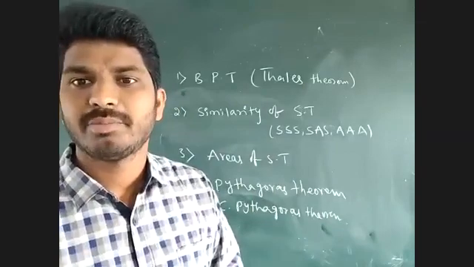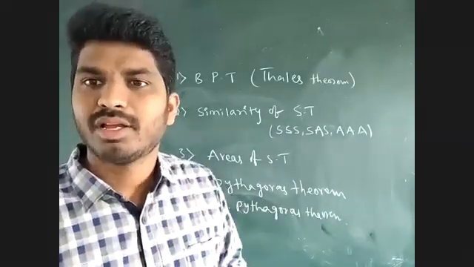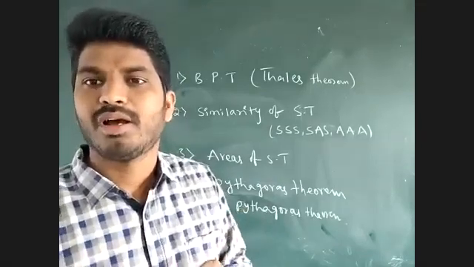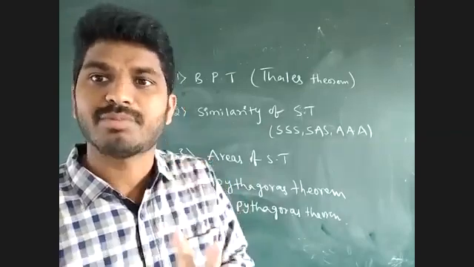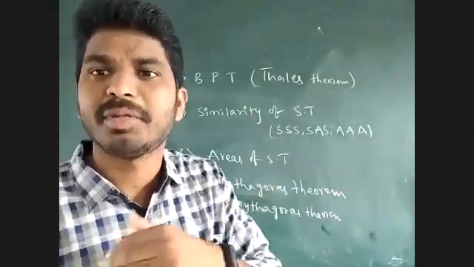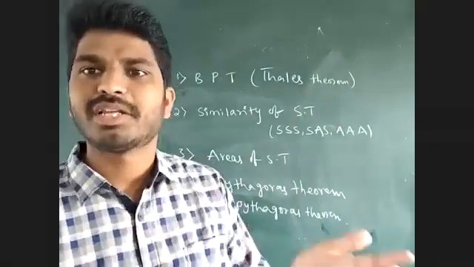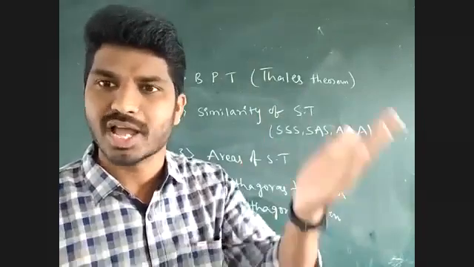Pythagoras is a scientist name. That's why Pythagoras introduced one theorem, and that theorem is called Pythagoras theorem. That is hypotenuse square equal to base square plus height square.